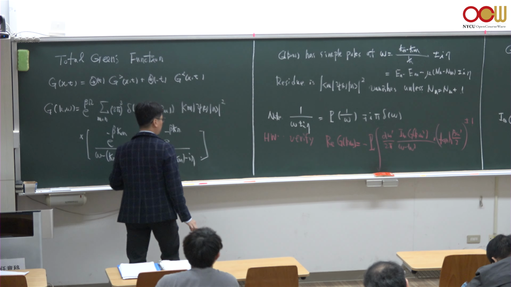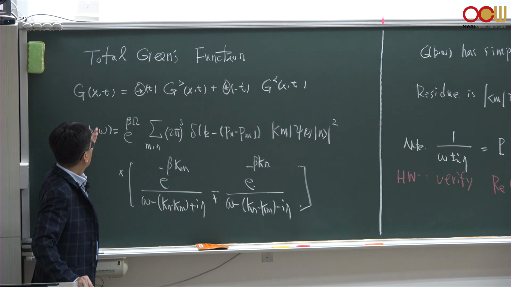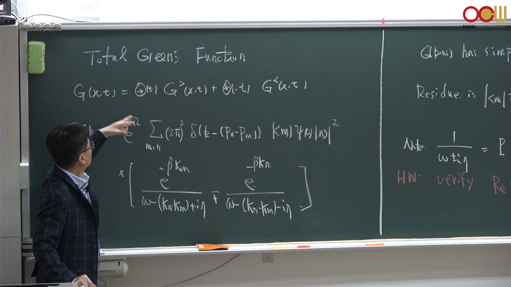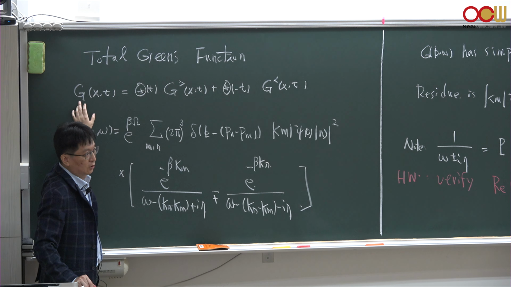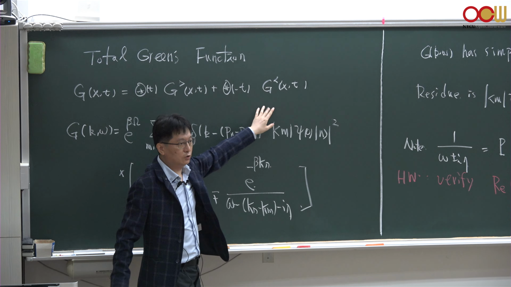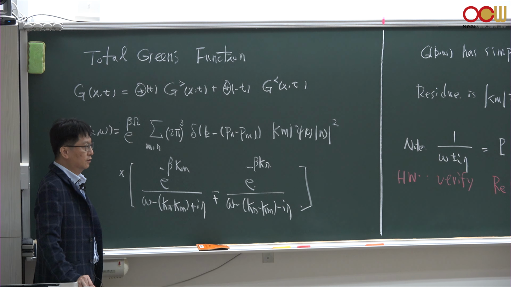Okay, so let's continue. Last time we defined the real-time finite temperature Green's functions, and we could decompose this G(x,t) into the G greater part and G lesser part, as we defined earlier for the single-particle zero temperature Green's function.